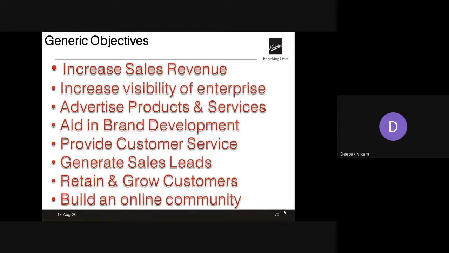And see, there is a different connect when you are directly dealing with customers, because when a customer is giving you feedback, you should be able to answer that feedback in the right way and help them arrive at a solution.